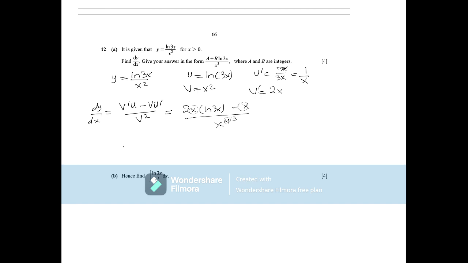So the final answer is (1 minus 2 ln(3x)) over x cubed. I think I used this formula wrong and it's supposed to be this, so just a matter of sign. This is your dy by dx.